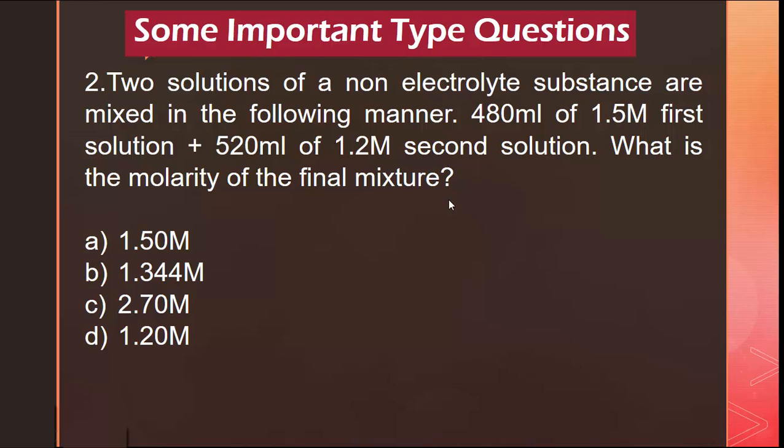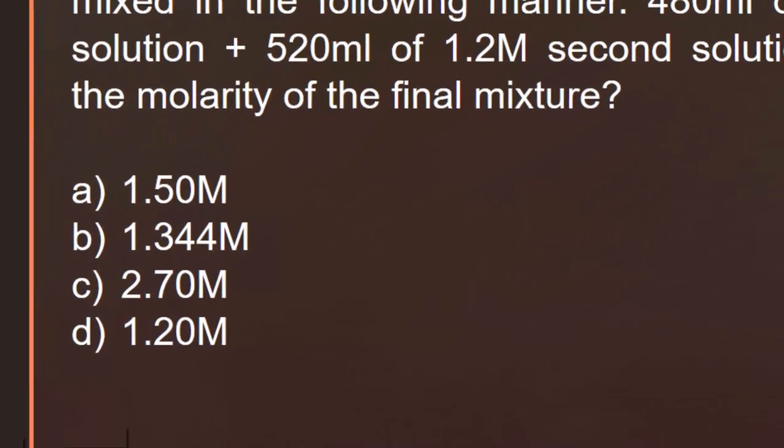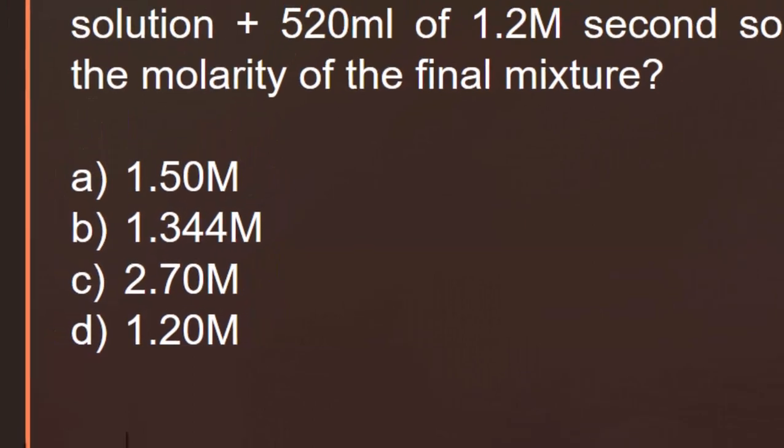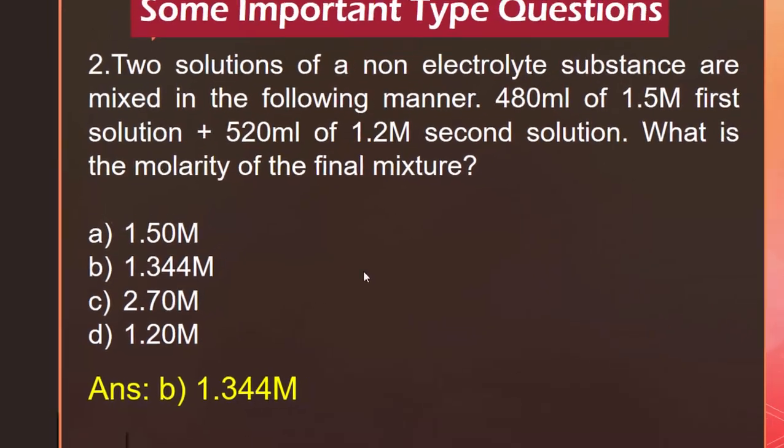This is the most common type of question that's commonly been asked and most likely to come this year as well. So now let's look into the options. Option A, 1.50 molar. Option B, 1.344 molar. Option C, 2.70 molar. Option D, 1.20 molar. Let us see which one of the options is the correct answer.